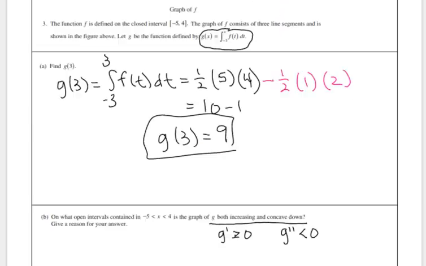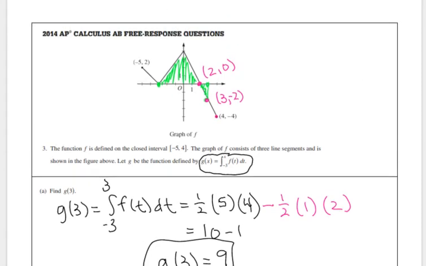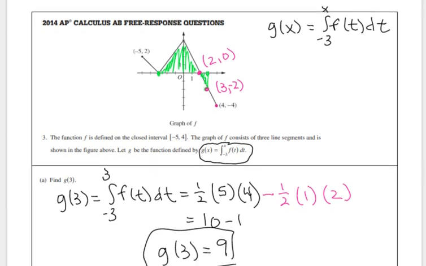But we have to think about what we were given in this specific problem. We were given this accumulation function, g of x equals the integral from -3 to x of f of t dt, so we need to find g prime and g double prime so that we can use them.